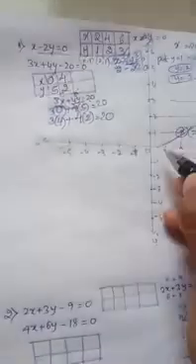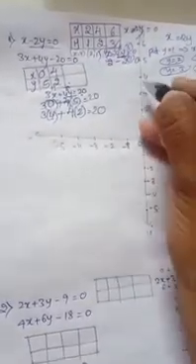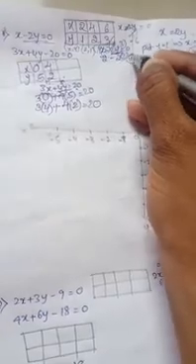Therefore, there are two points, 0, 5 and 4, 2. 0 on the x-axis, 5 on the y-axis. Okay, this is the point 0, 5. The other is 4, 2, which is already located. We draw a straight line through 4, 2 and 0, 5.